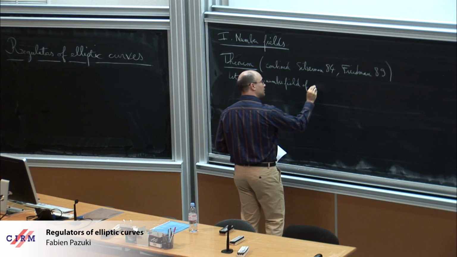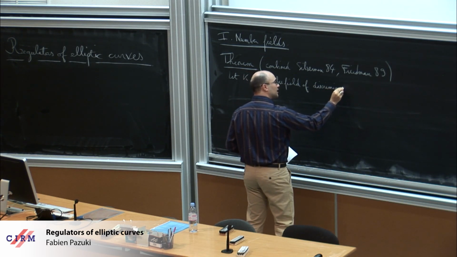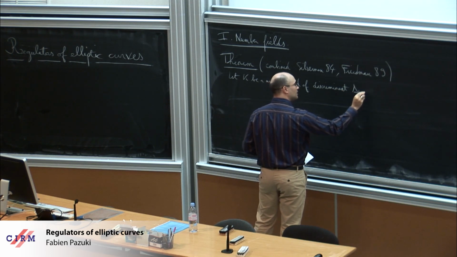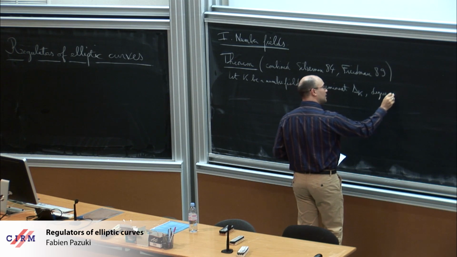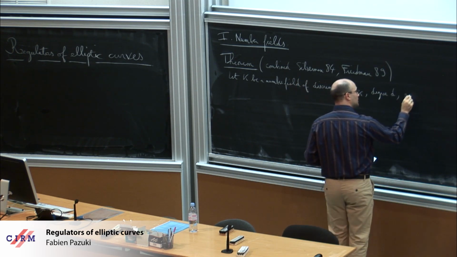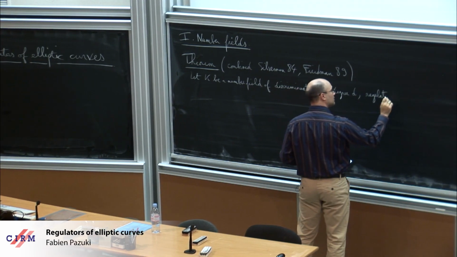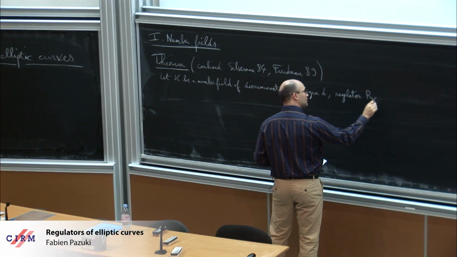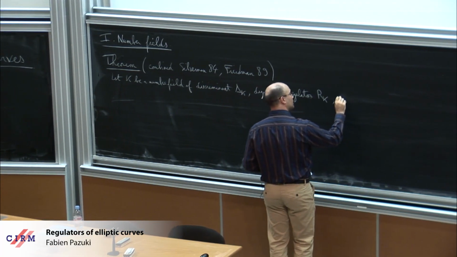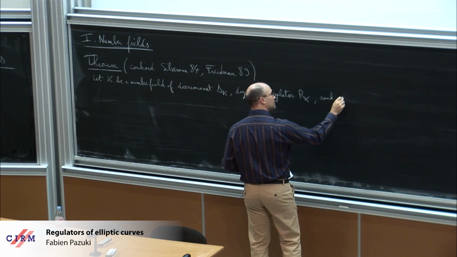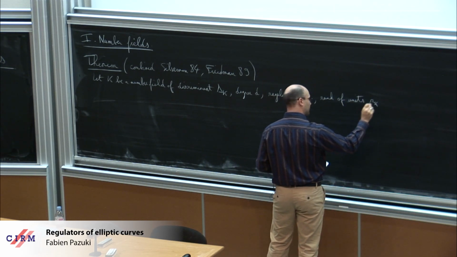We're going to denote the discriminant of that field delta K, its degree little d, its regulator R_K, and its rank of units little r_K.